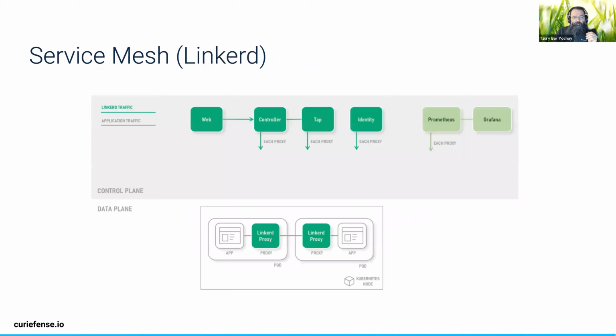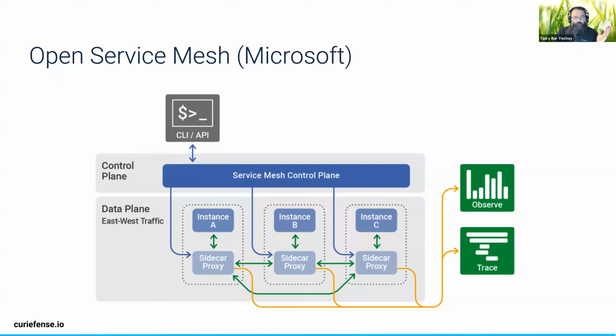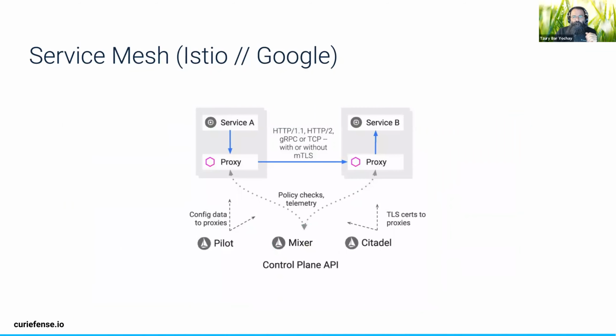There is another quite popular one named Linkerd. Microsoft just started one by the name of Open Service Mesh. But they all came to provide three capabilities, three functions, to the site reliability engineers, to the DevOps engineers, or to the organization.